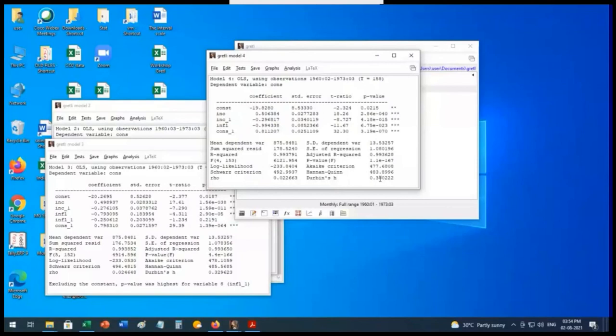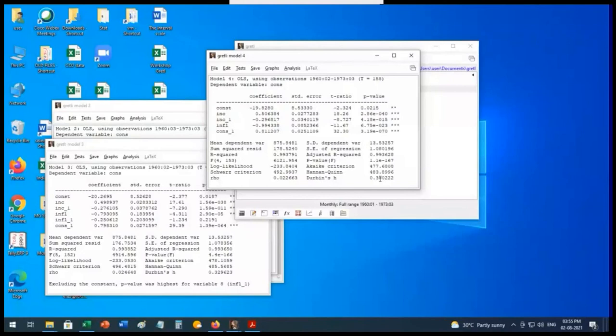So 0.3 is less than 1.96. That means we cannot reject the null hypothesis of no autocorrelation. Remember, Durbin's H deals with first order autocorrelation, like Durbin-Watson's D. So there is no first order autocorrelation.